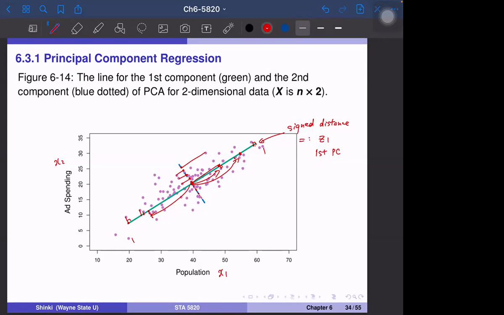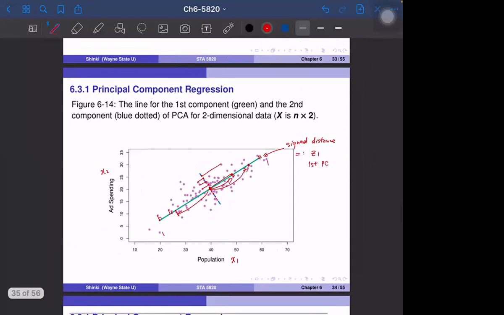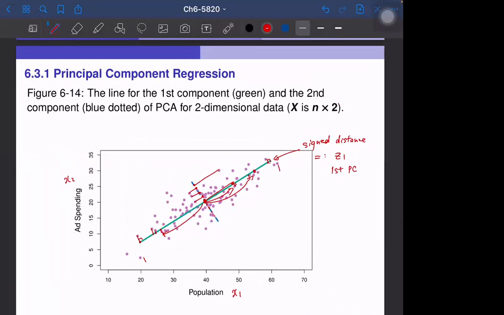Then we define the third and the fourth, and so on. If we have p predictors, we can calculate up to p principal components. And usually the first few have the most important information, and the others have a very small amount of information, almost noise.